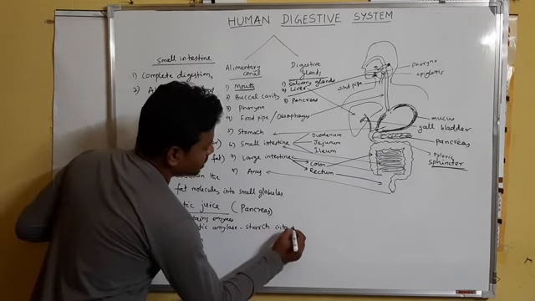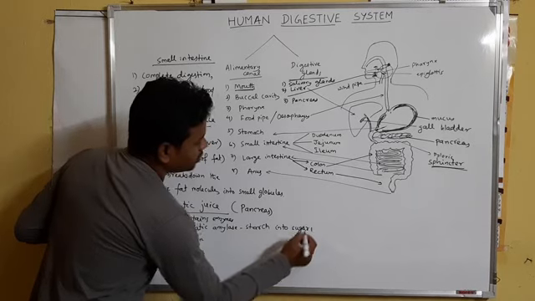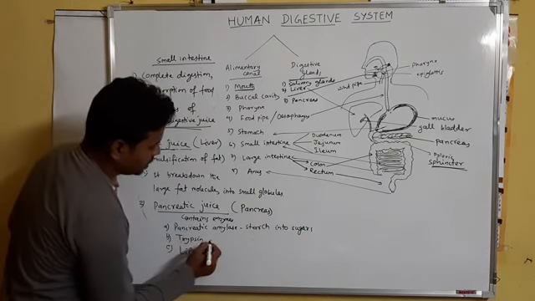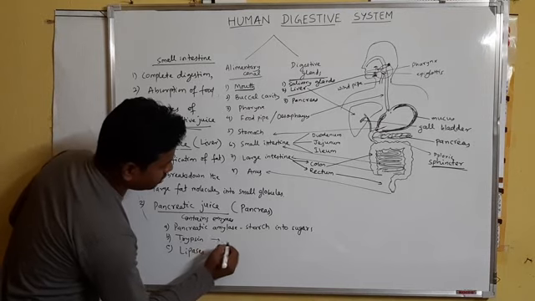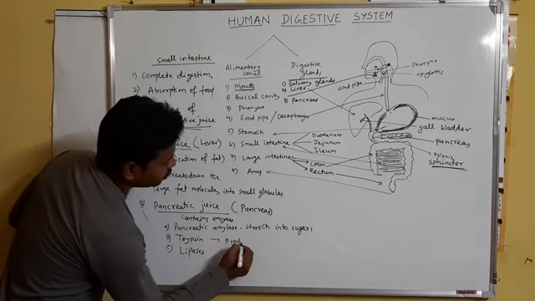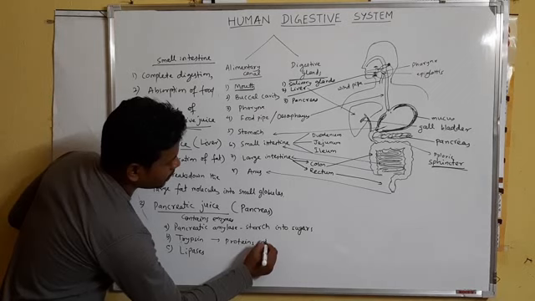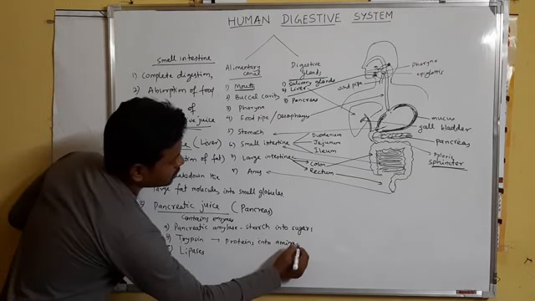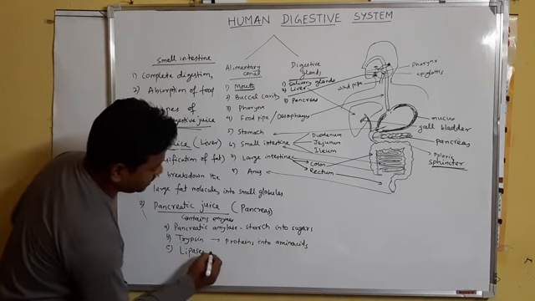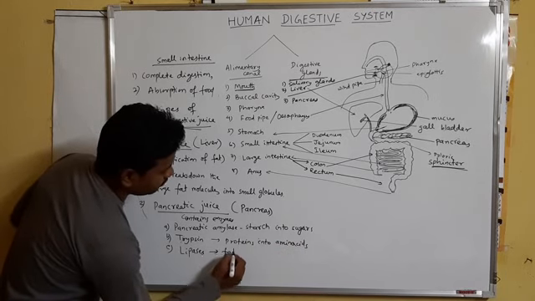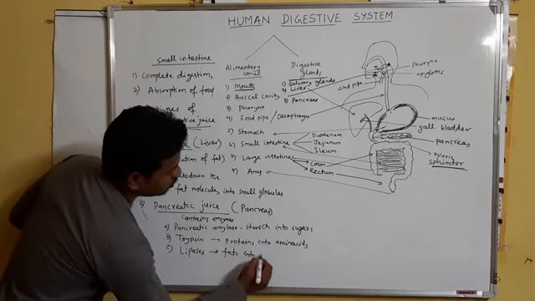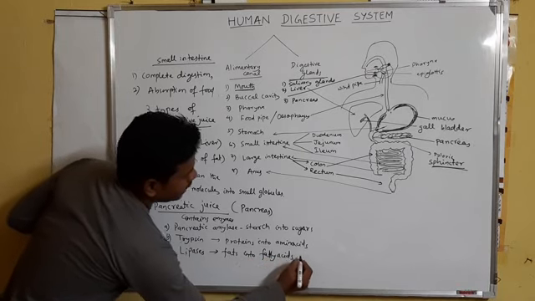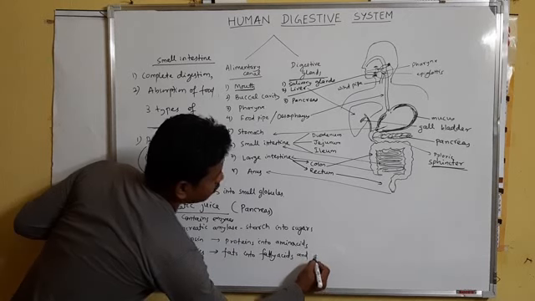The starch part of the food breaks down by the pancreatic amylase into sugar. Trypsin also breaks down proteins into amino acids. And lipase breaks fats into fatty acid and glycerol.